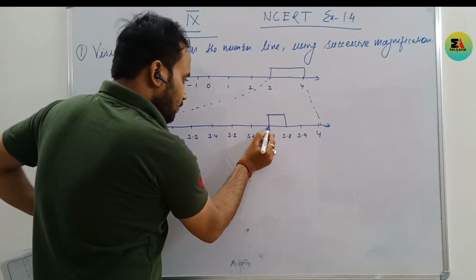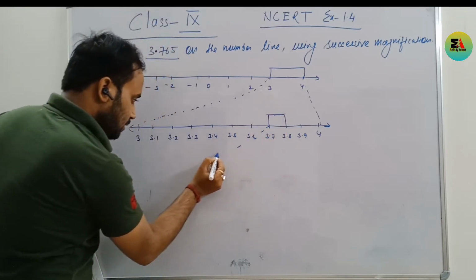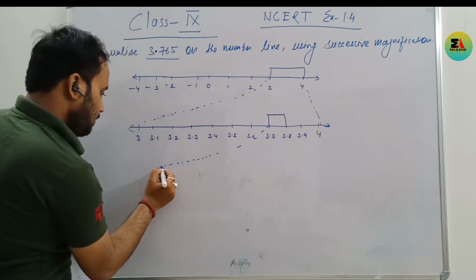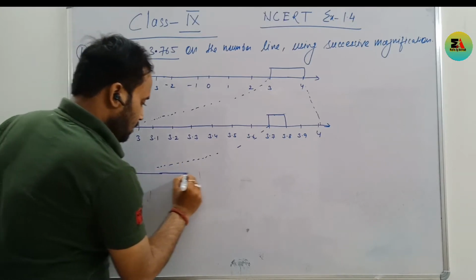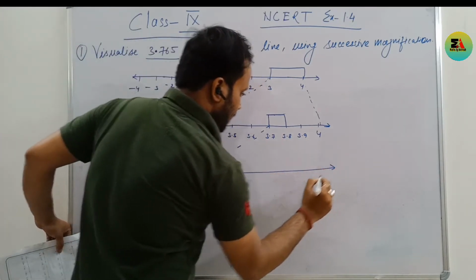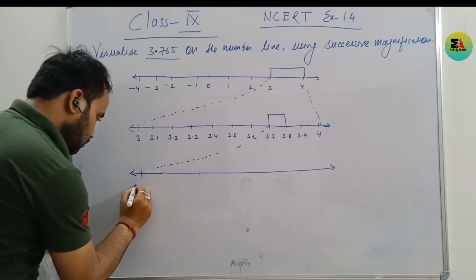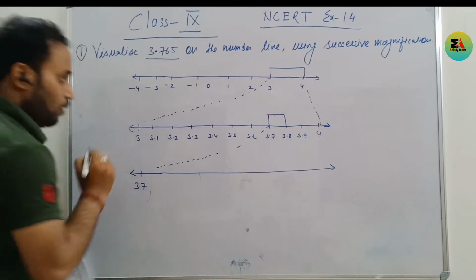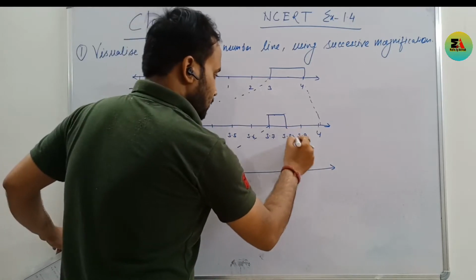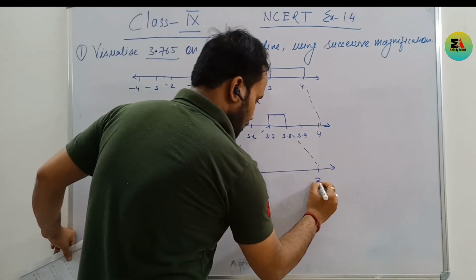Again we have to magnify it in the same way. Again plot the line and divide it into 10 parts. Here you write 3.7 and the last one is 3.8.